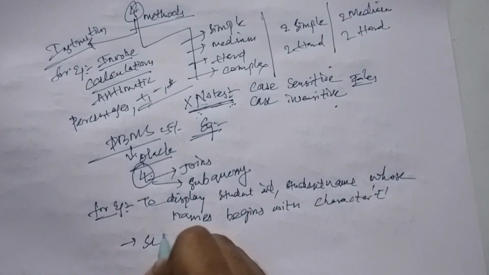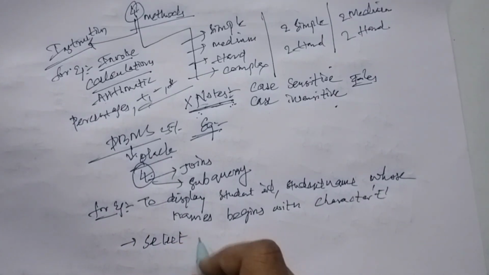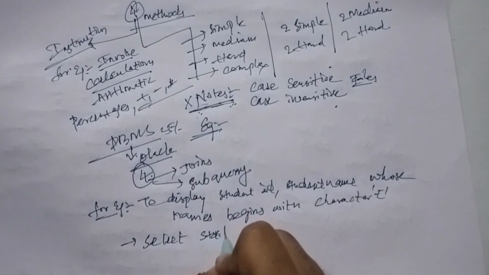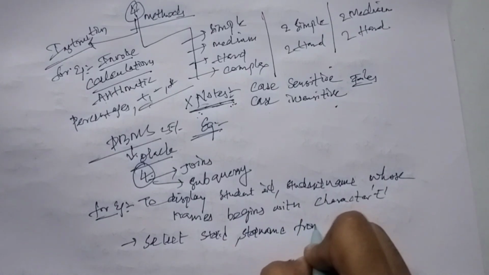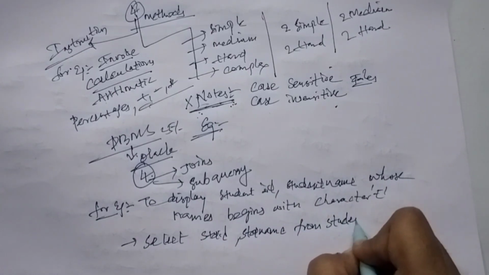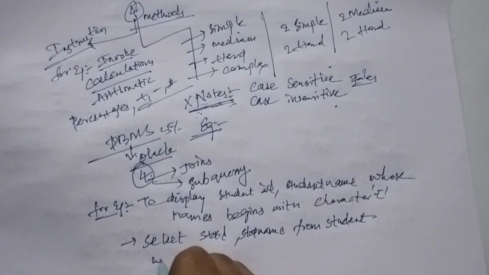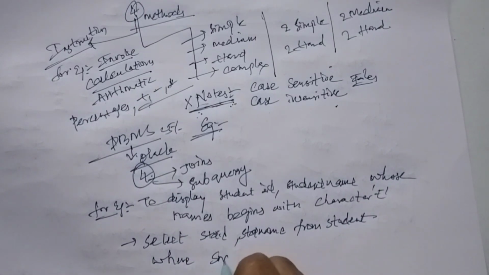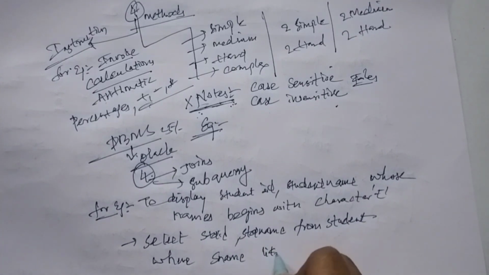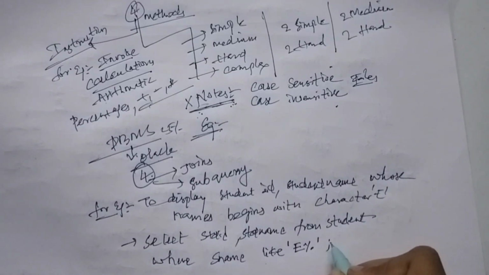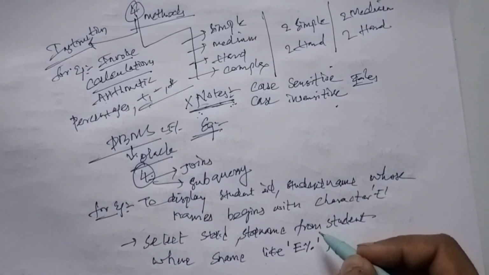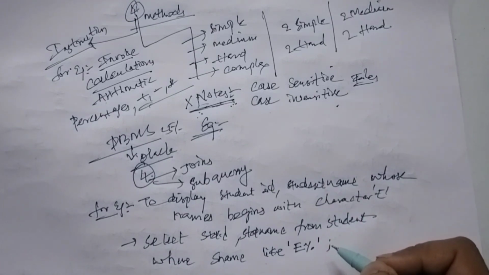I can write select student ID, student name from student table where student name like 'E%'. E percent sign under single quotes, and like is the operator. So this query will give you the required output for that particular question.